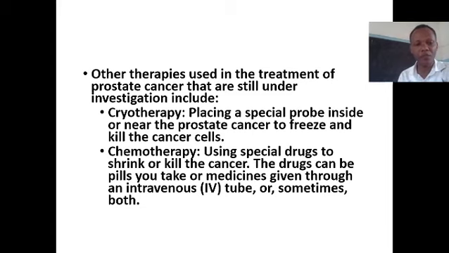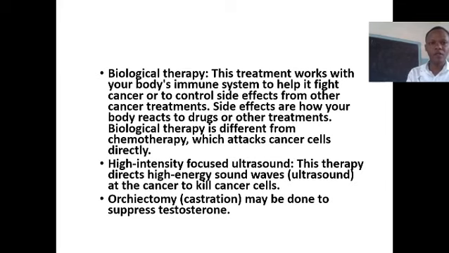The drug can be pills, which you take, or medicine given through an intravenous tube, or sometimes both. Biological therapy, another modality. This is the treatment that works within the body's immune system, so that unaiwezesha immune system of the body to fight cancer or to control the side effect from other cancer treatment. Kumbuka hii ni kuboost immune system.